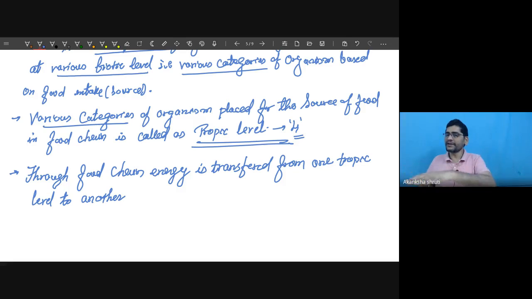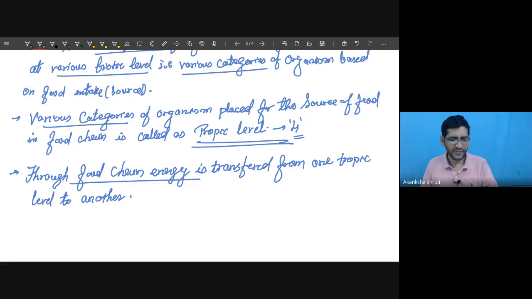This way a level is there, and at the top level there will be a carnivore. That will be the end of this level, but after death, through the detritus chain, it is recycled. So right through the food chain, energy is transferred from one trophic level to another. This food chain is ultimately for transferring the energy.